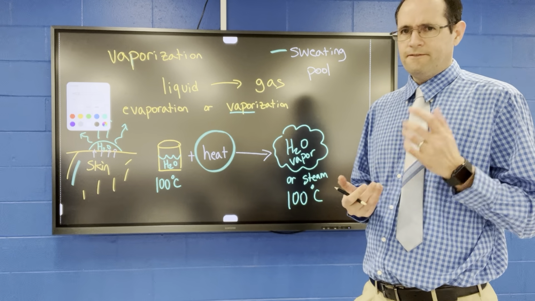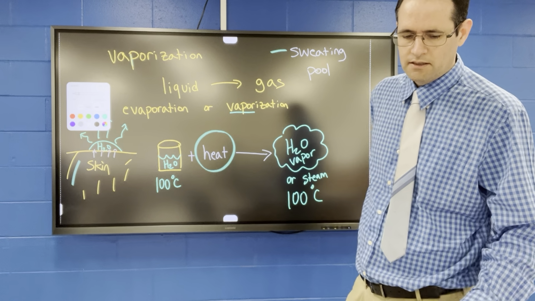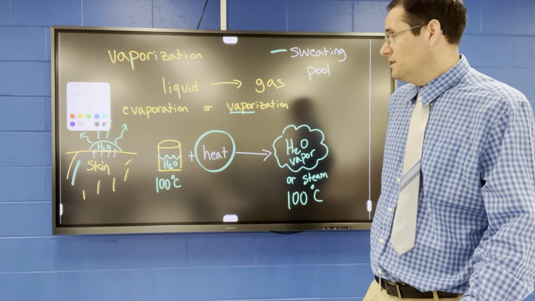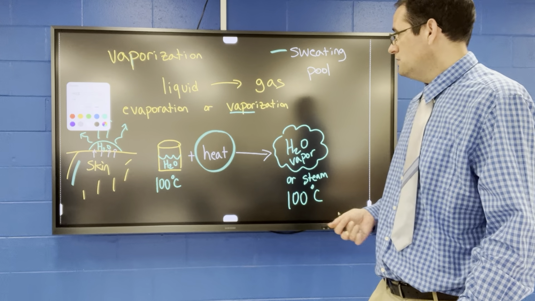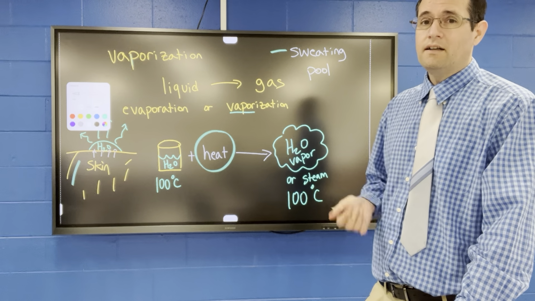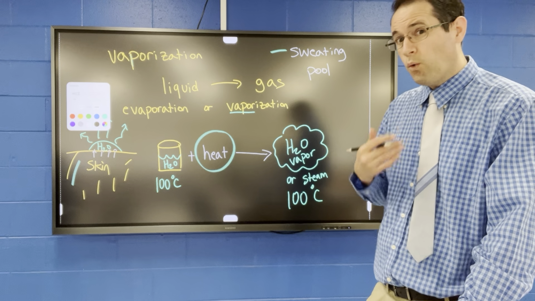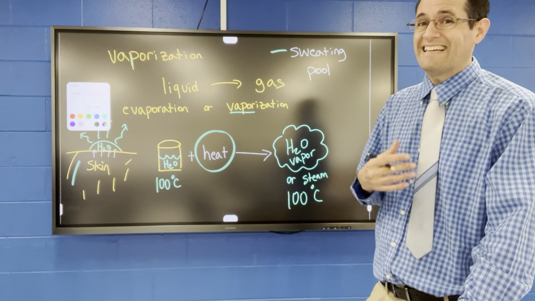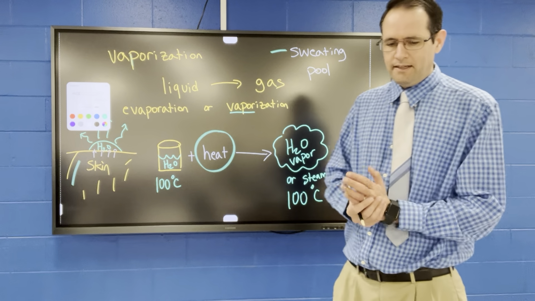There are 4 that you need to remember, that I've outlined here. We have fusion or melting. We have vaporization or evaporation. And the reverse of those are condensation and freezing. Know which ones require heat and which ones give off heat. So that's it for heat and temperature.